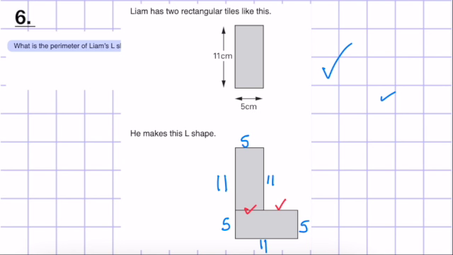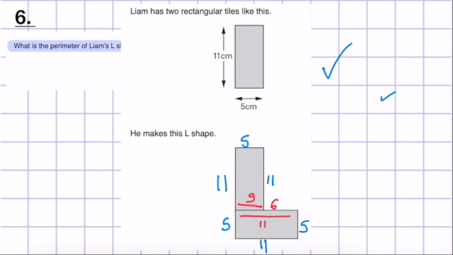So let's mark this on, that is 11, but that is 5. So if I do 11 take away 5, which is 6, that means this short bit here is 6 centimetres.